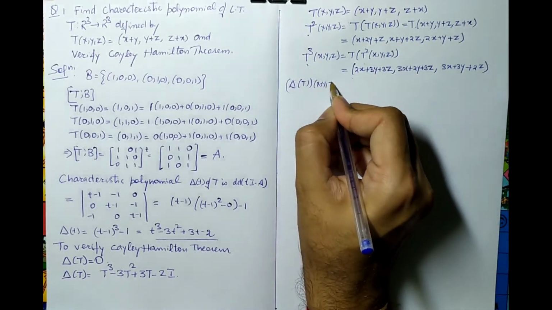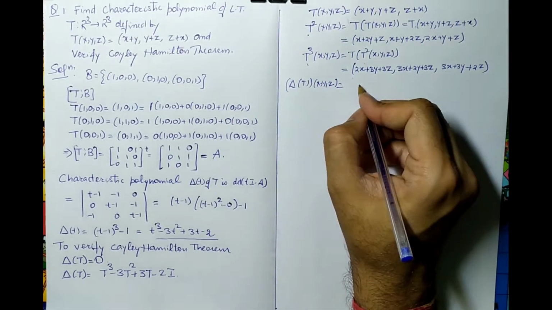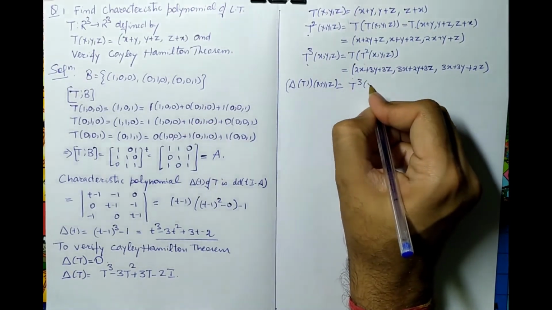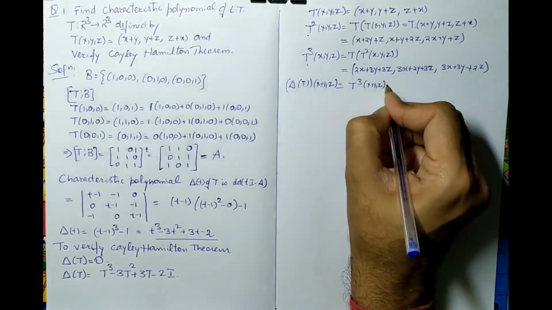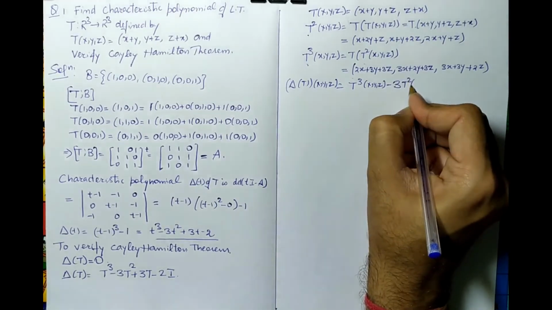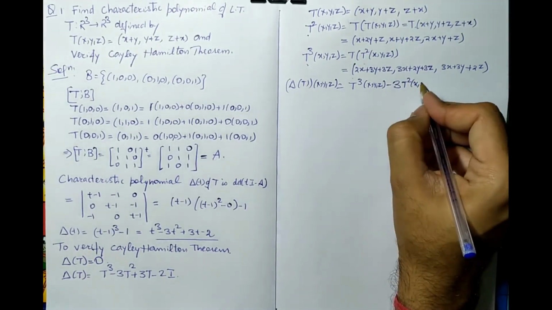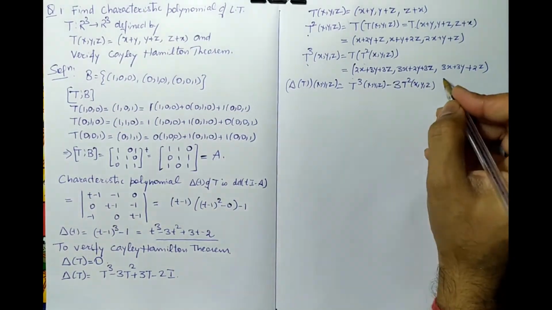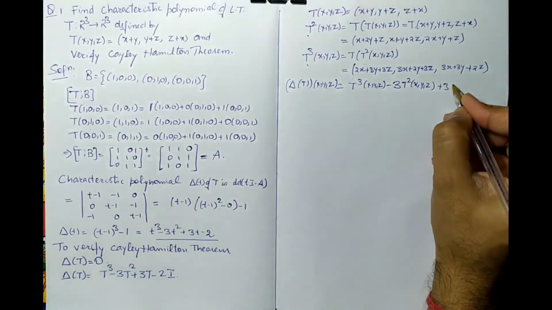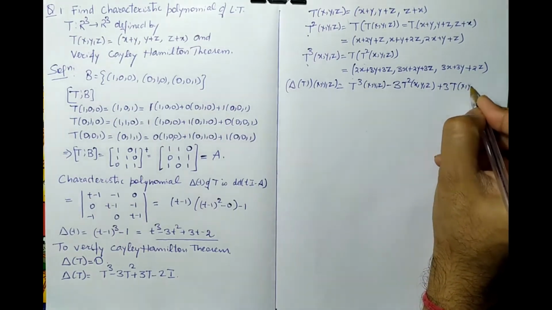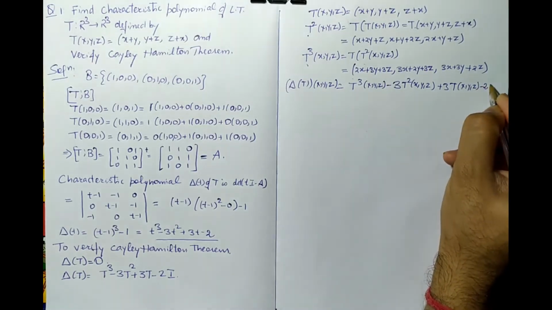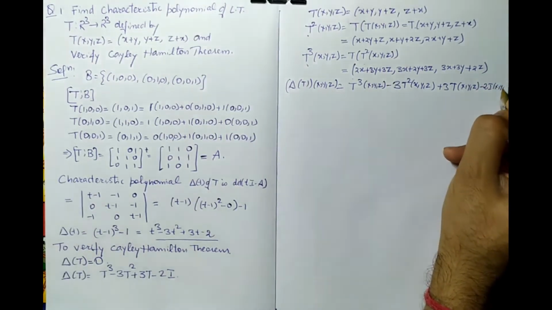Now putting all these terms here, that is delta T of (x, y, z), that is T cube of (x, y, z), minus 3T square of (x, y, z), plus 3 of T of (x, y, z), minus 2 of I of (x, y, z).